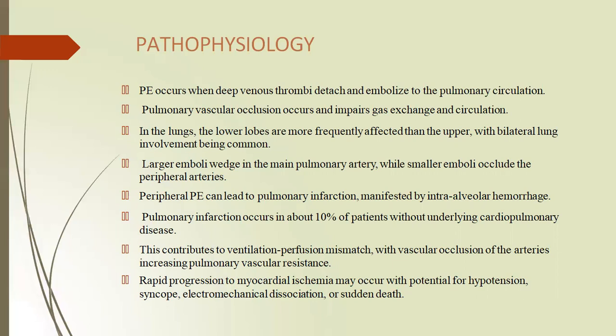This contributes to ventilation perfusion mismatch with vascular occlusion of the arteries, increasing pulmonary vascular resistance. Rapid progression to myocardial ischemia may occur with potential for hypotension, syncope, electromechanical dissociation, or sudden death too.